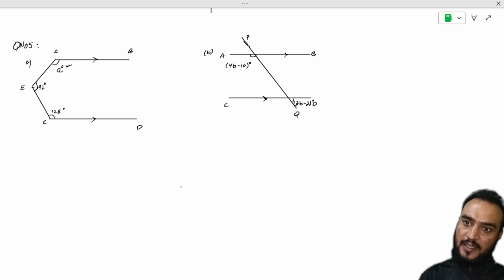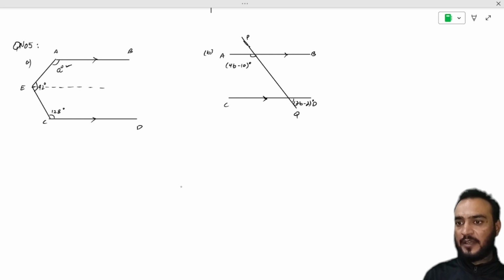The value of A degree can be found if we draw an imaginary parallel line at the angle of 92 degree and at point E. So this is the parallel line. So this angle and A degree become interior angles, and this angle and 128 degrees become interior angles.